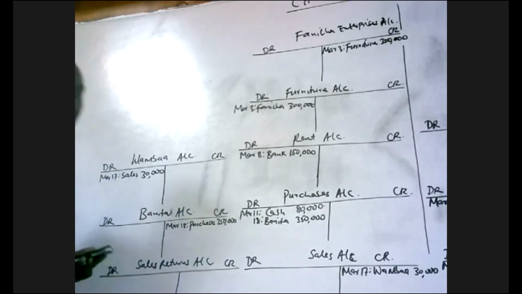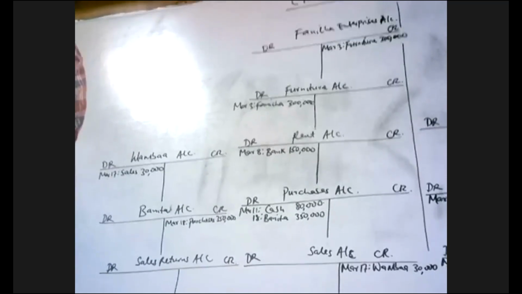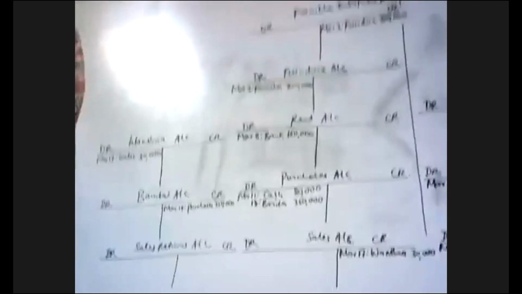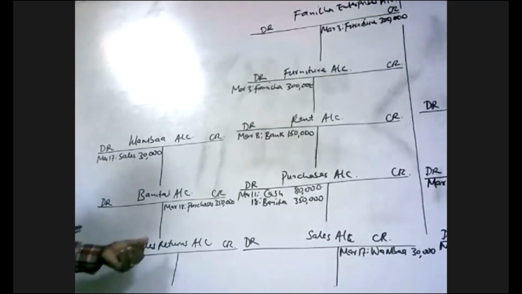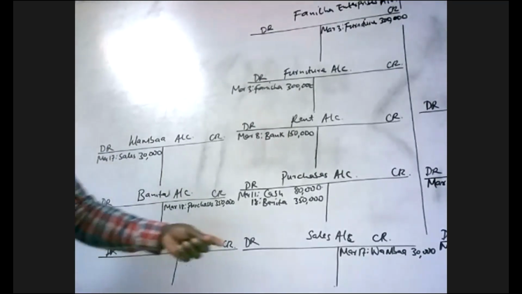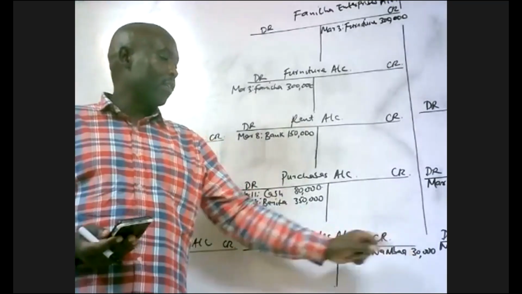Sales returns account records goods that have been returned by a customer back to the business. Any goods returned back to the business by a customer to whom we had sold goods are known as sales returns. It is actually the opposite of sales. When we sold goods to Wamba, we credited sales.